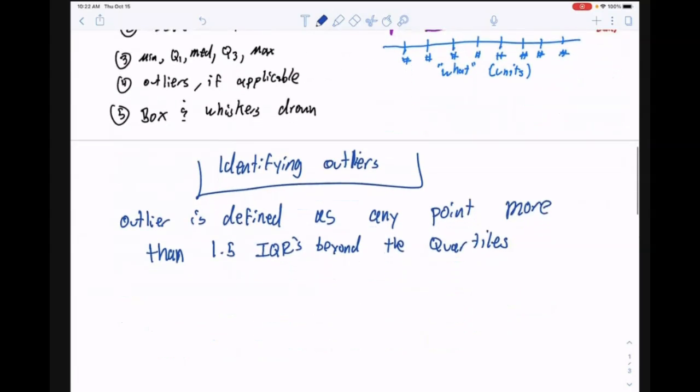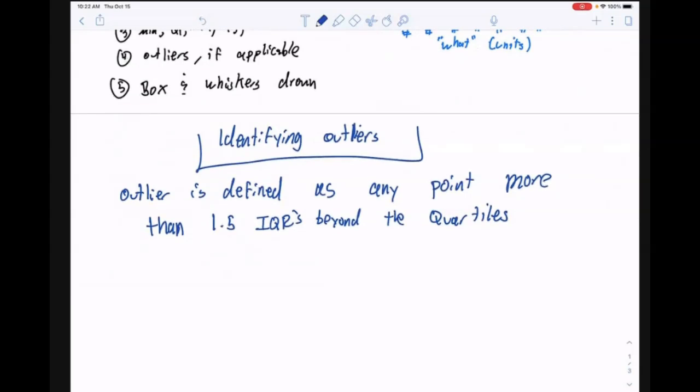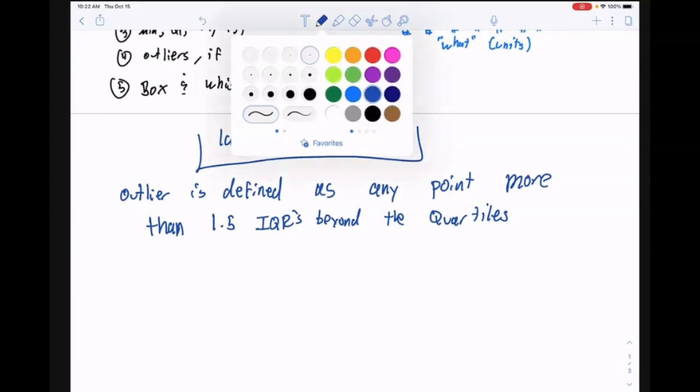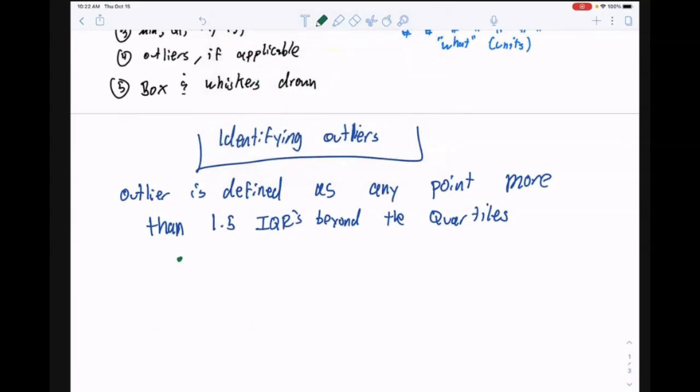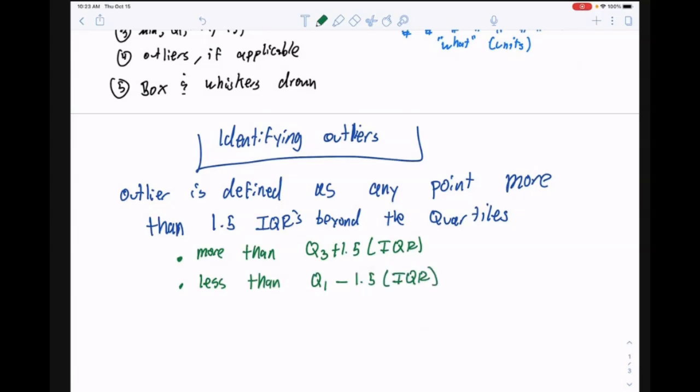Okay? 1.5 IQRs beyond the quartiles, which means more than Q3 plus 1.5 times the IQR, or less than Q1 minus 1.5 times the IQR.